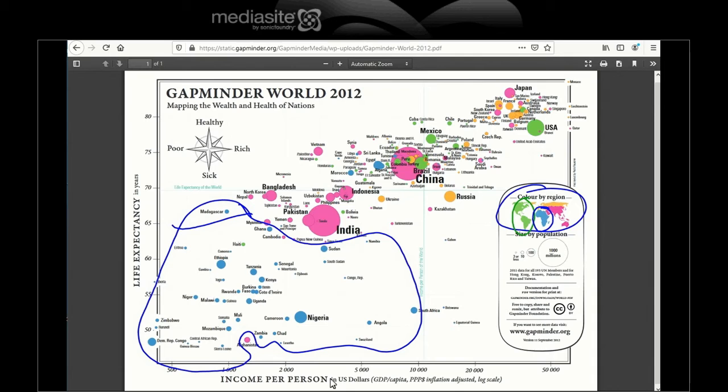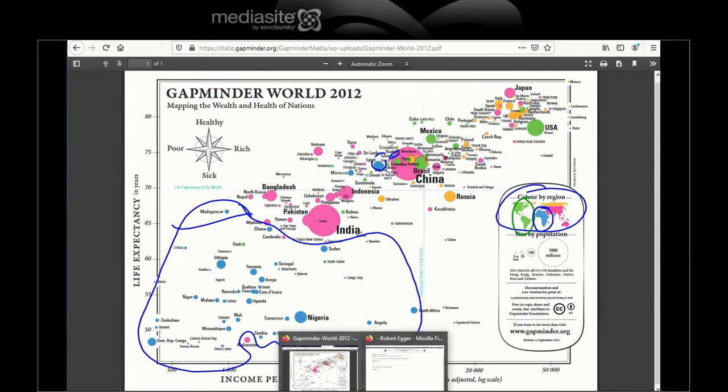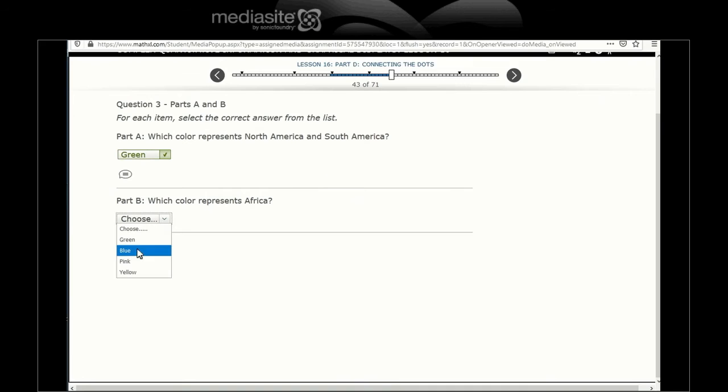A couple of them managed to get in the healthy region, but poor. Notice how a lot of them are Mediterranean: Morocco, Egypt, Tunisia, Libya. Blue.